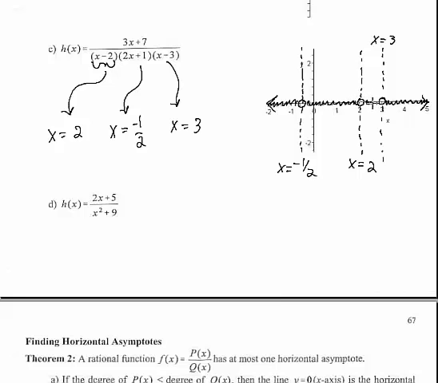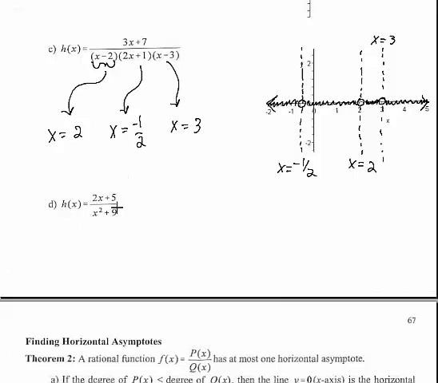Put arrows on the left and right far ends and shade in between. So these are the x values that are permissible for the domain, and open dots for the values that are excluded. Negative 1/2, 2, and 3 are excluded from the domain.